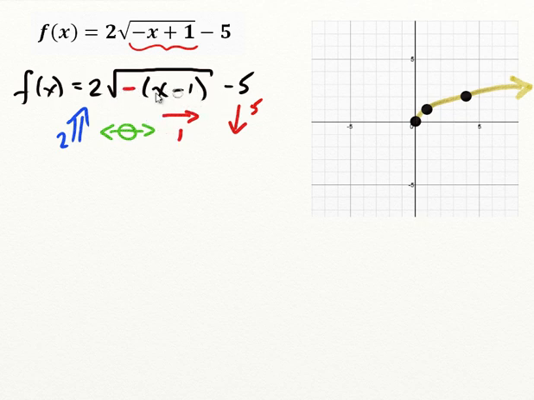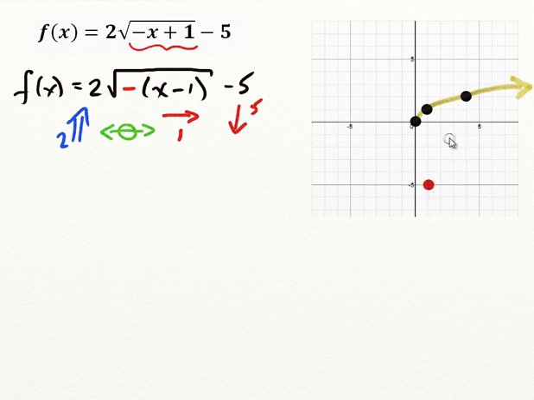So in the x and the y direction, we would always apply the stretches and compressions first. Well, if we take this point and it happens to be 0, 0, it doesn't matter if I multiply it by 2, I'm still at 0, 0. And it doesn't matter if I apply a reflection in this case, I'm still at 0, 0. So we can just apply these red transformations to the anchor point and move it to where the new function will start. So let's move it over 1 and down 5. So over 1, down 5, put a dot right there, and we've got our new starting anchor point.